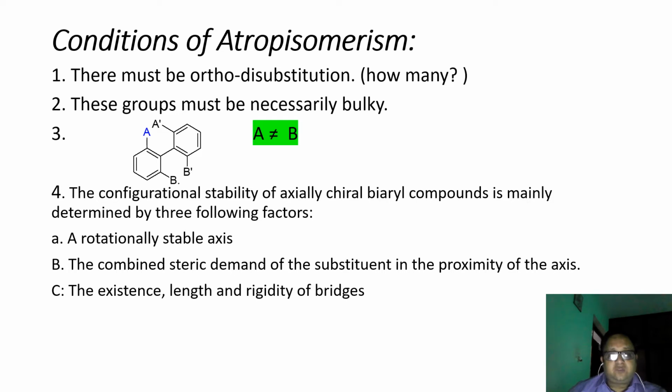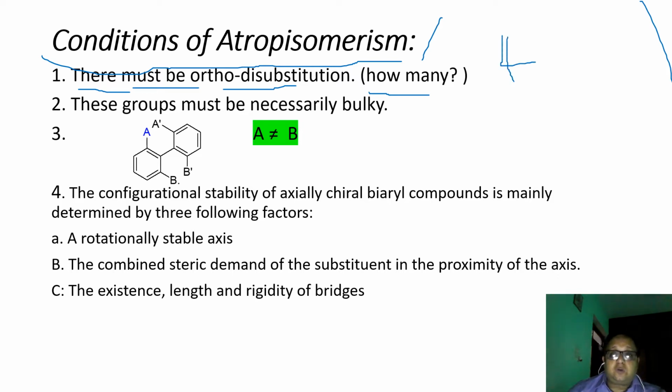Now let's look at the conditions for atropisomerism, that is, the conditions for optical activity. Number one, there must be ortho-disubstitution. Now the question arises, how many? There are two ortho positions on each phenyl nucleus, so there must be a total of 4 ortho substitutions.